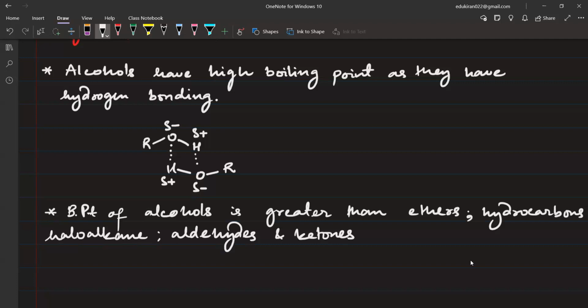So it is greater than all of these functional groups. And the reason is also same. Reason is because of hydrogen bond. The next point.